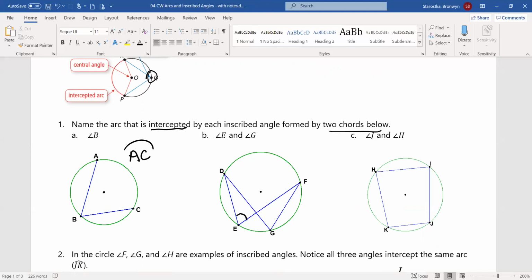We've got angle G right here. And sometimes, if I can't see the intercepted arc, I extend out those lines. And what do you notice? They have the same intercepted arc, and that's going to be arc DF.